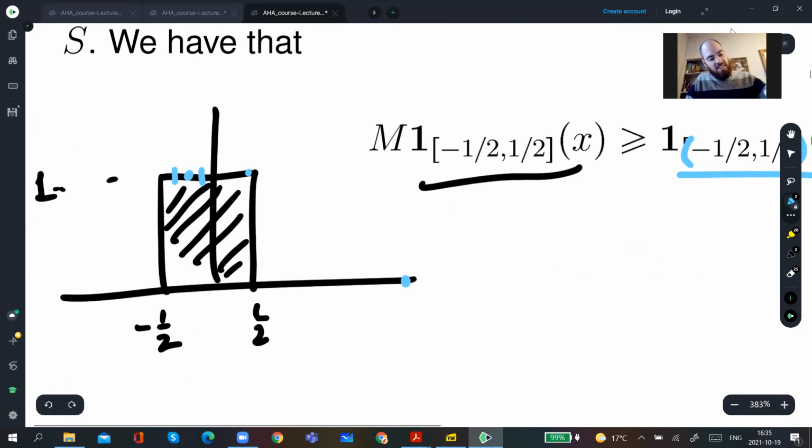We take an average now that contains a big chunk of the support of our function. In that case, I pick up all of this mass right here.